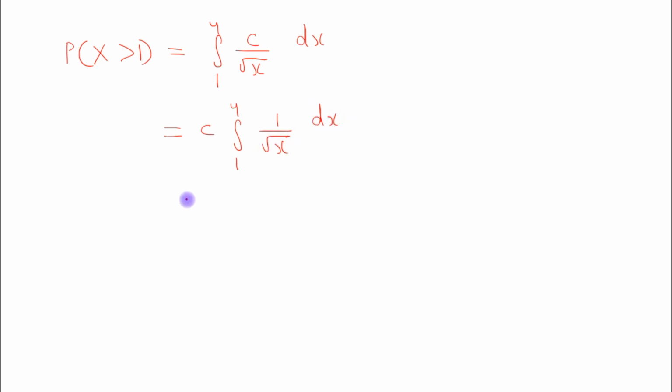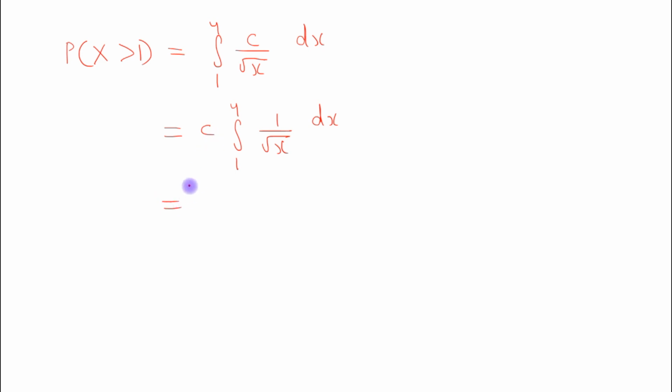Next one, the probability of X greater than 1. It will be equal to the integration from 1 to 4 of c upon root x dx, equals c times the integration from 1 to 4 of 1 upon root x dx.